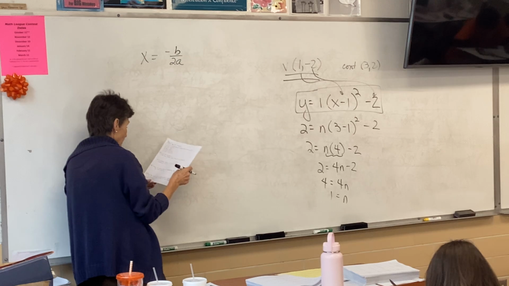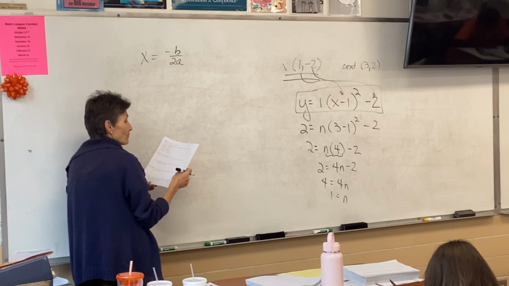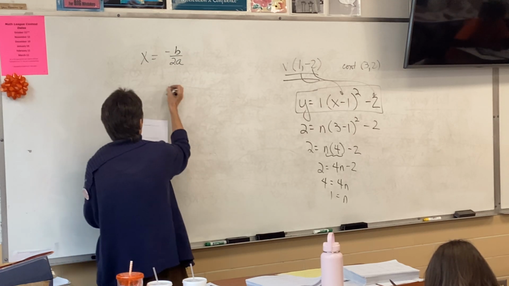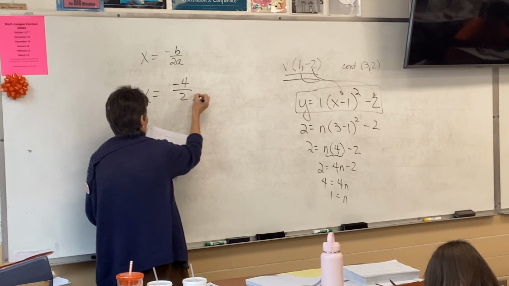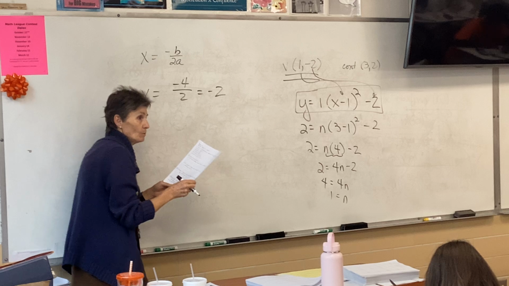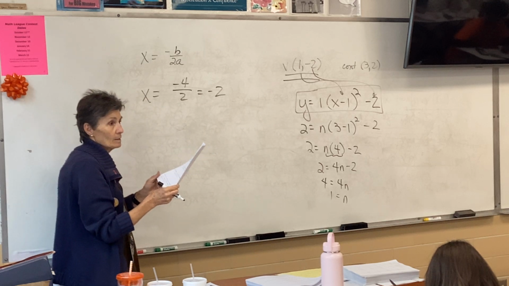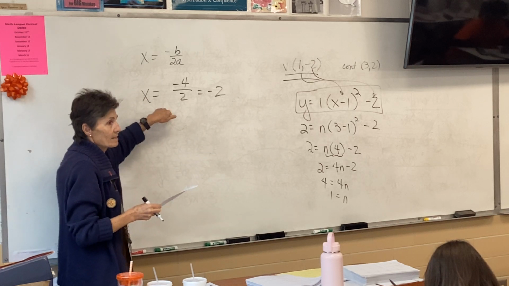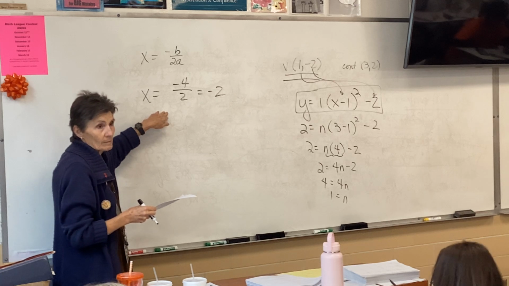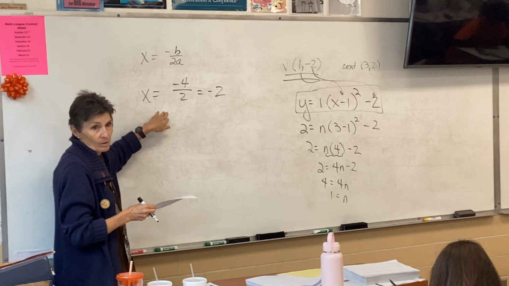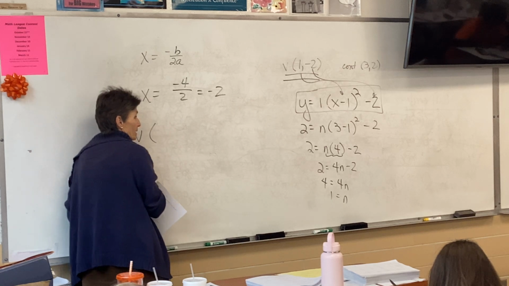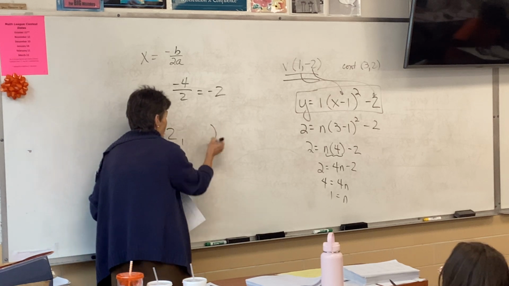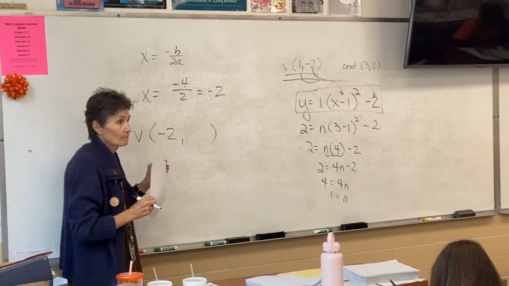So problem 4a, negative b would be negative 4 over 2. Did you get x equals negative 2? Now what's that? Which blank does that go in? Axis of symmetry. So then what goes in the vertex blank? I don't know, but the x part's negative 2, right? Then you plug it in.